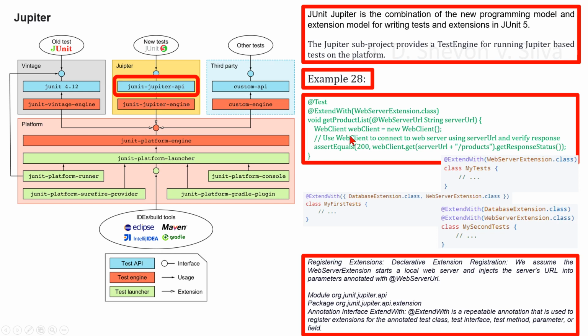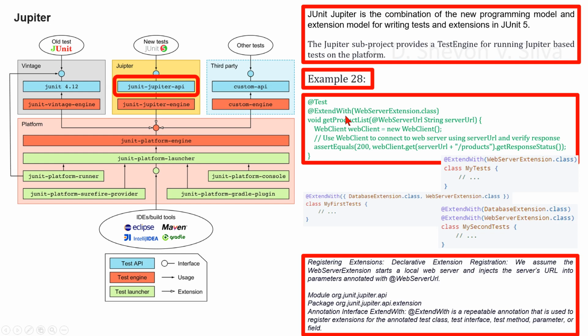The annotation interface ExtendWith in package org.junit.jupiter.api.extension in module org.junit.jupiter.api. @ExtendWith is a repeatable annotation that is used to register extensions for an annotated test class, test interface, test method, parameter, or field.